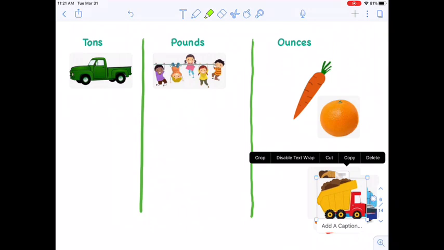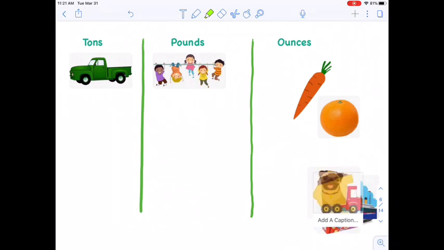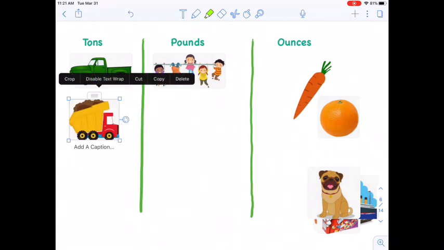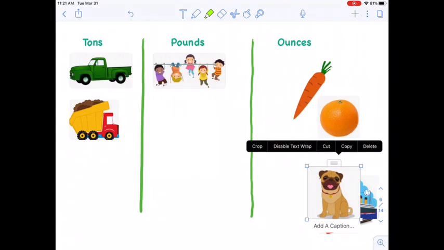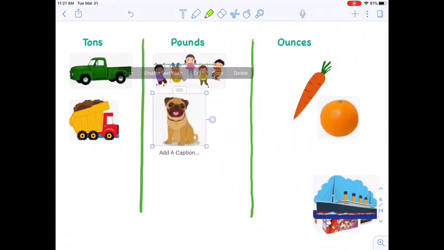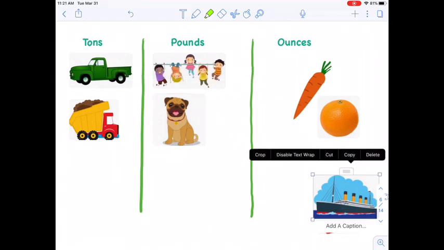Well, I think it's bigger than the truck that I have under tons, so I would want to measure it in tons also. How about a puppy dog? Now, a dog doesn't weigh as much as people do, but it definitely weighs more than a carrot or an orange. So I would measure this dog or a cat with pounds.